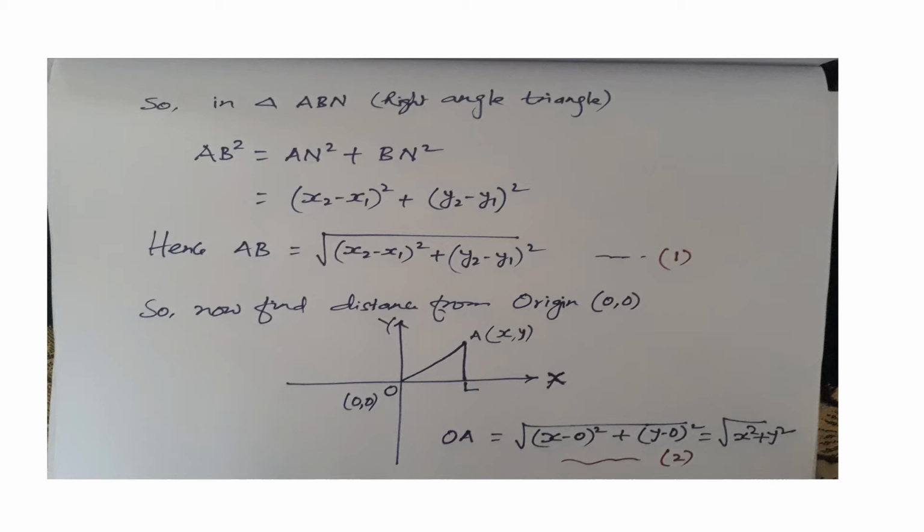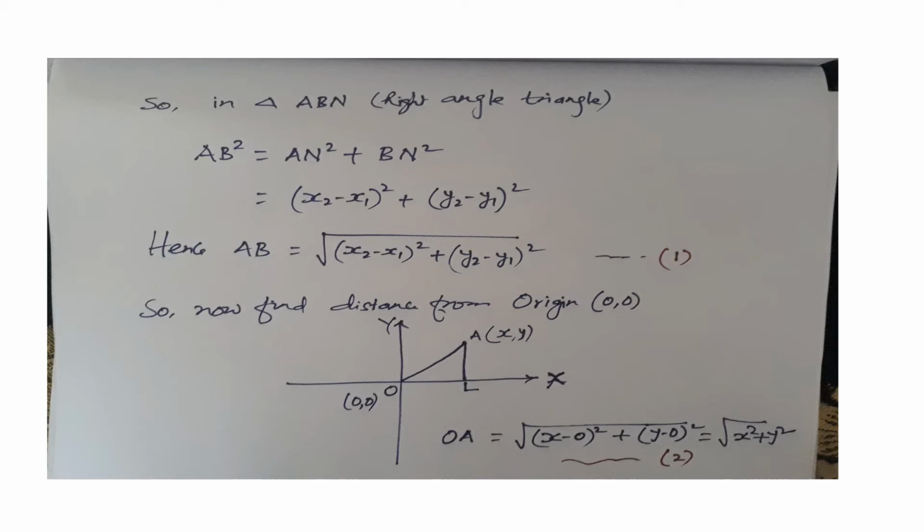You must remember it. Now if you want to find the distance from the origin for a given point, the coordinate of A is x, y and the coordinate of the origin is always 0, 0. Origin is nothing but a datum; from that only we find the coordinates of other points. So origin is always 0, 0.